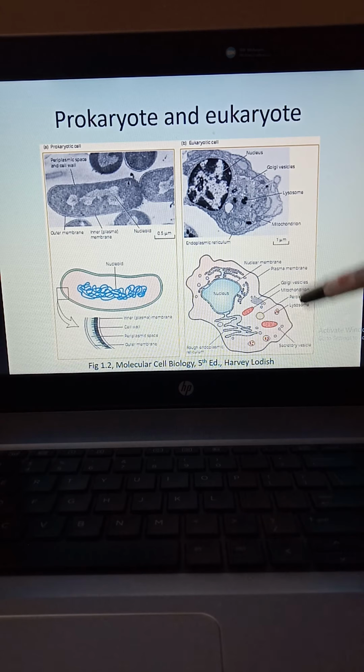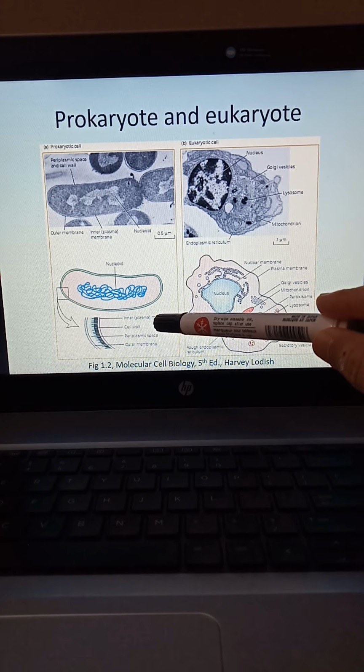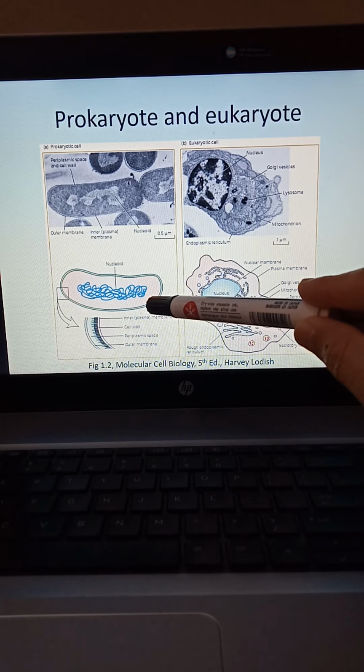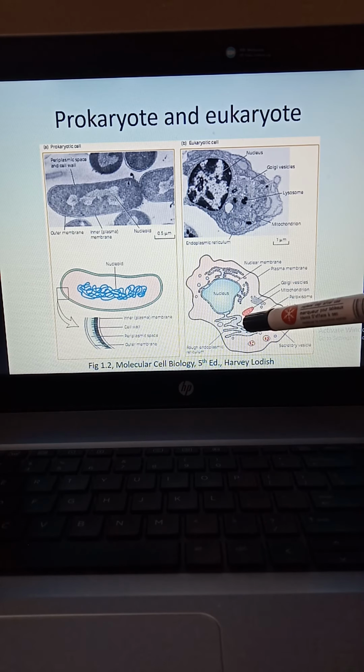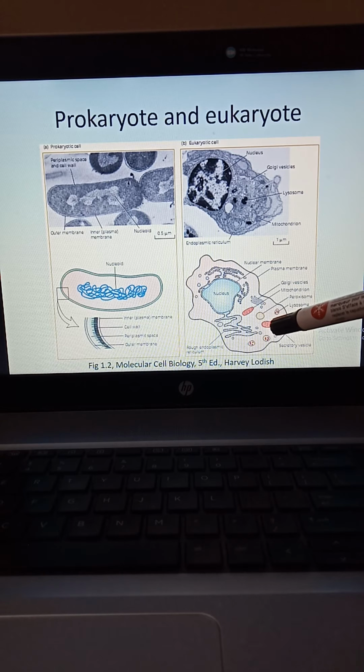In the later slides we are going to define in detail what the organelles are and the benefits of having them in the eukaryotic system. But before this, for the sake of simplicity, we are simply defining the difference between prokaryote and eukaryote: prokaryotic cells do not contain most of the organelles, especially the nucleus, while in eukaryotes the nucleus is clearly present, plus many other organelles.